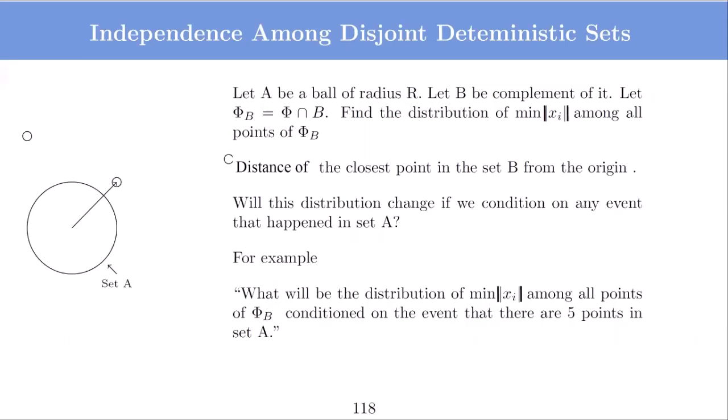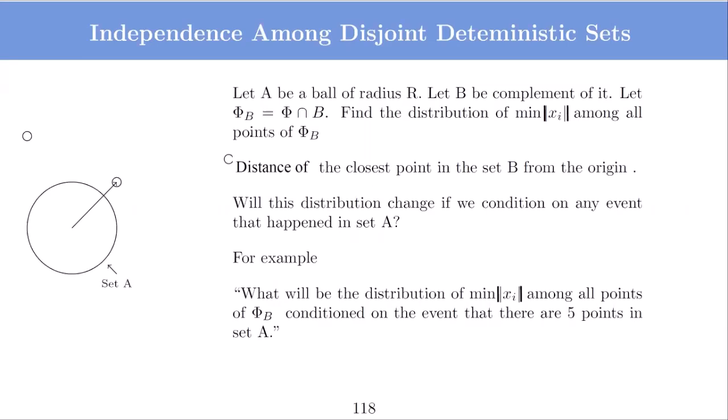So the question I want to ask here is, will this distribution change if we condition on any event that happened in set A? For example, what will be the distribution of the minimum xi among all points of phi_B, conditioned on the event that there are 5 points in set A? If there are 5 points in set A, then the minimum point in B is actually the 6th point of the PPP, if you consider the PPP in the complete space.